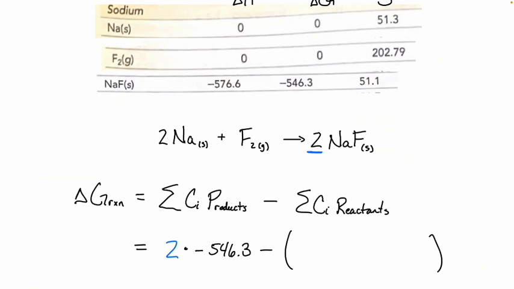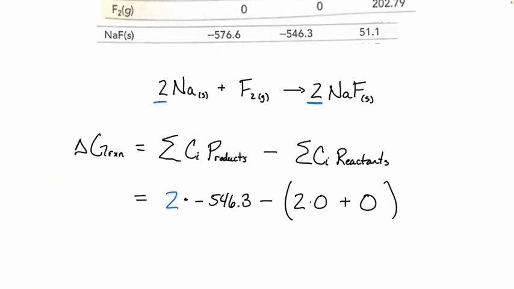All right, in this case, sodium also has a coefficient of 2, but its delta G is 0 here, so 2 times 0 plus fluorine, which is 0. So I'm really just subtracting 0. And so I get a delta G for my reaction of negative 1092.6.